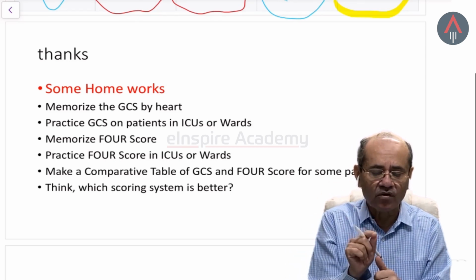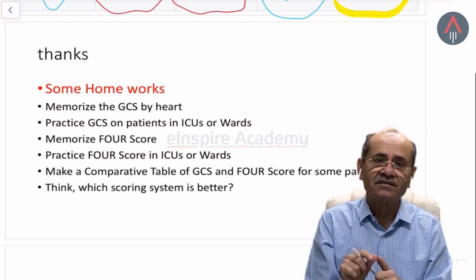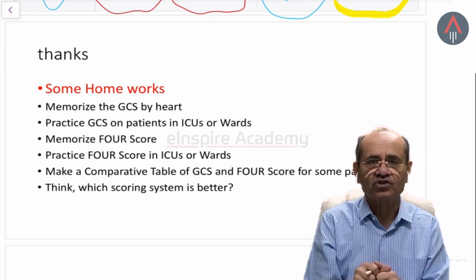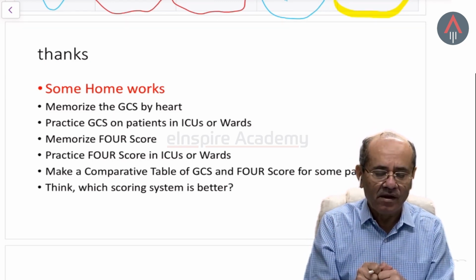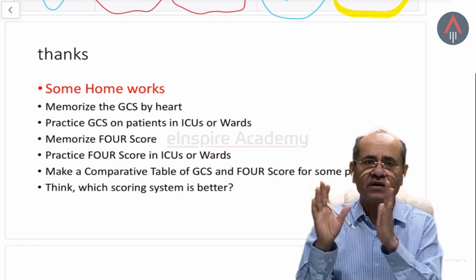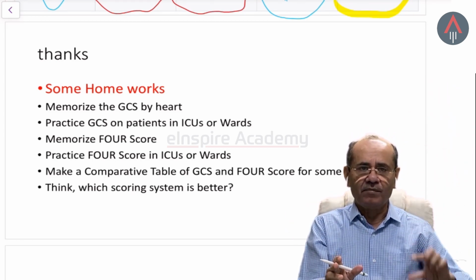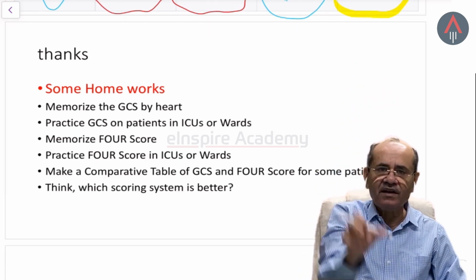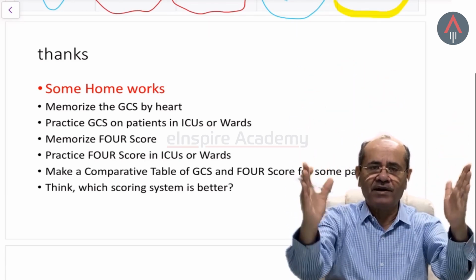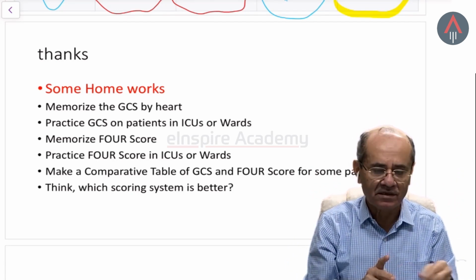So memorize the FOUR score, practice the FOUR score in ICUs and wards, and here is the final homework for good students and good residents. Make a comparative table of the Glasgow Coma scale and FOUR score for some patients. Patient 1, patient 2, patient 3, patient 4, patient 5, Glasgow Coma scale and FOUR score. Make a comparative table. And then think which scoring system is better.